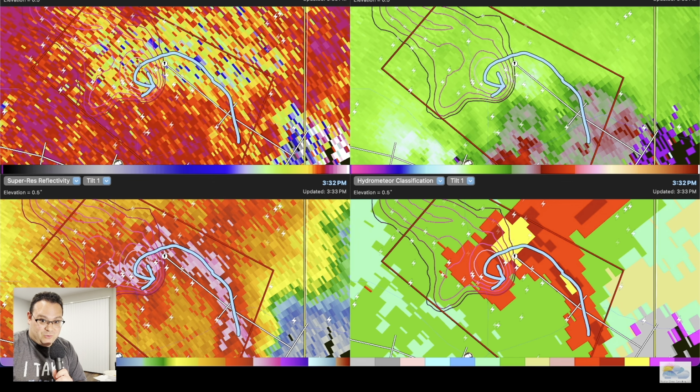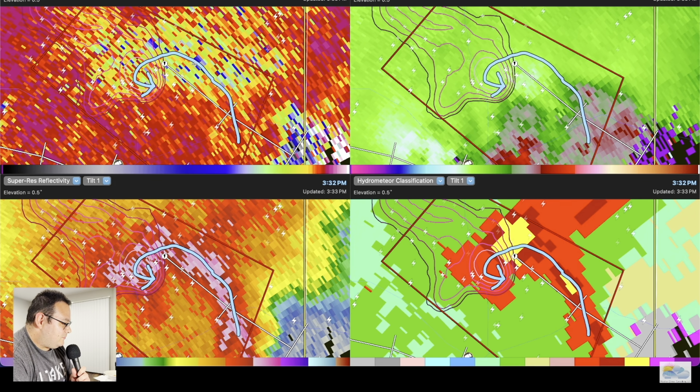If there's a tornado on the ground and it's shooting debris up, the correlation coefficient can detect it because it's measuring how uniform or not uniform the atmosphere is. So right here, all of this darker red or purple is fairly uniform. That could be just rain, and rain would be even. Same thing, you could look at snow or anything like that. You can look at how even it is.